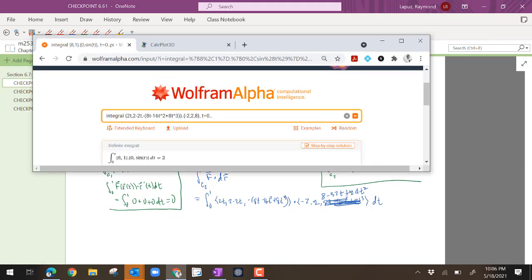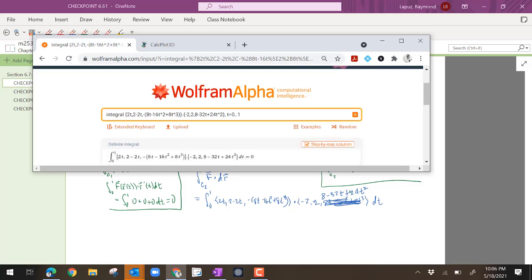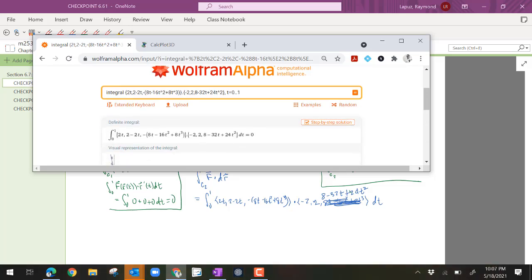So that was 8 minus 32t plus 24t squared. And now we're going to evaluate this for t going from 0 to 1. Okay, let's see how it goes. All that, and we get 0.